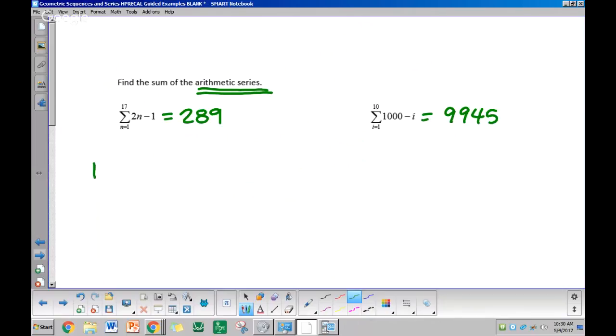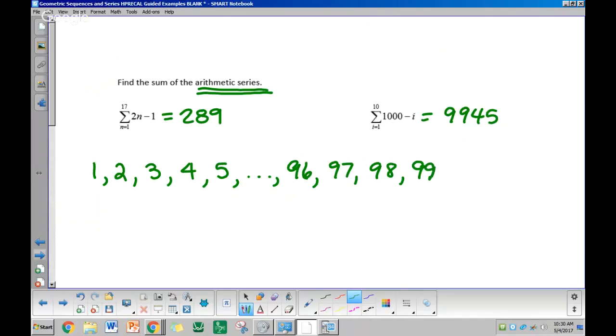We have the numbers 1, 2, 3, 4, 5, ... 96, 97, 98, 99, 100.